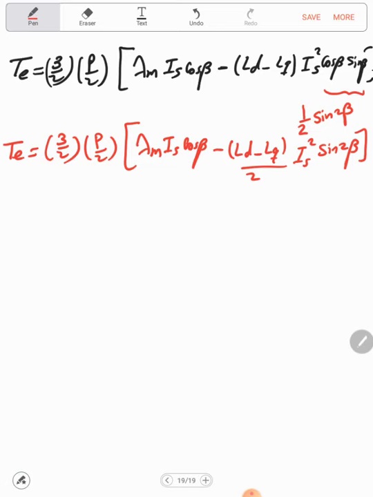So we need to find beta at which the torque is maximum, and for that we'll do partial TE with respect to partial beta, and this will equal 0.